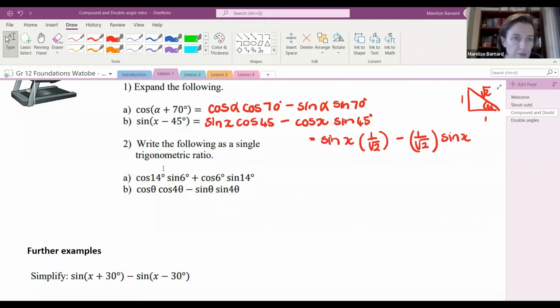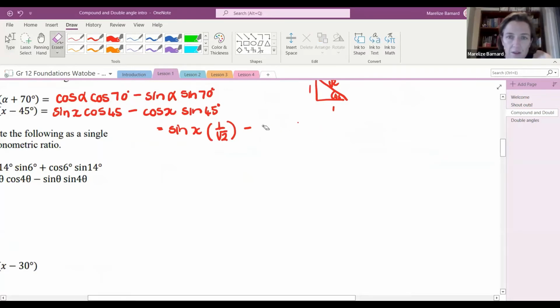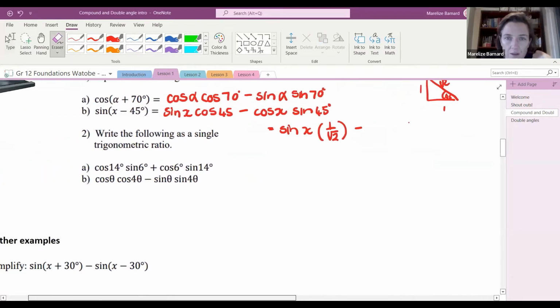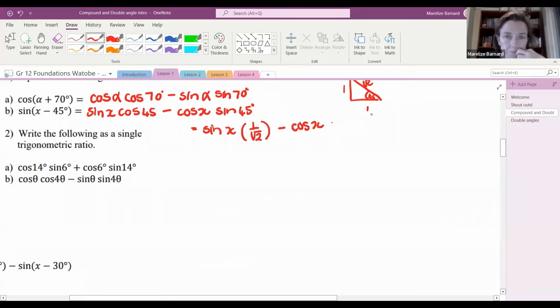So I'm just reading some of your chat messages. Yes, thanks, Lesedi. I did fix it now. Let me just finish and fix the rest of it as well. Yeah, so now it's cos x and sine 45, which is opposite over hypotenuse.